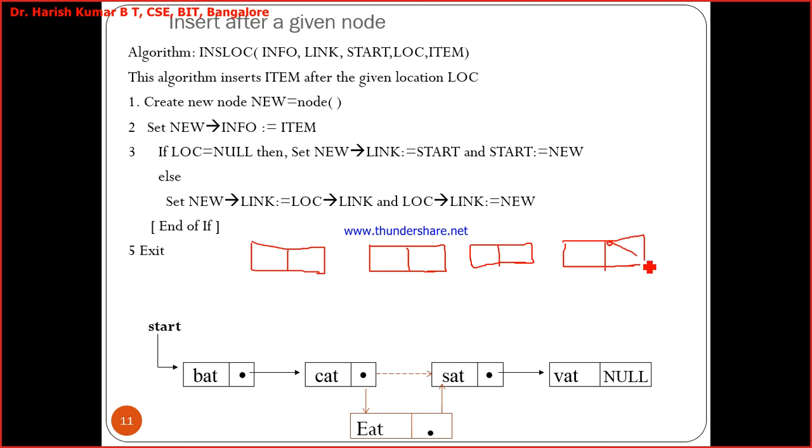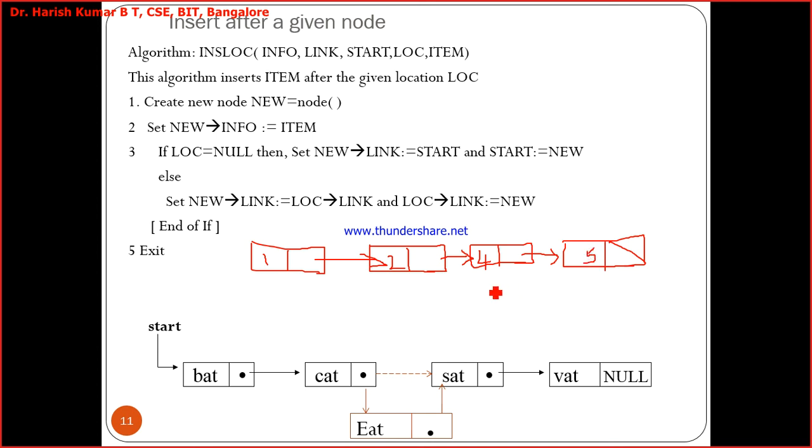This is null since this is the last node. I'll make this as 1, I'll make this as 2, I'll make this as 4. I intentionally skip 3, and then I'll make this as 5.